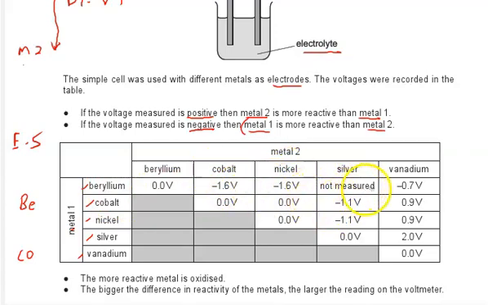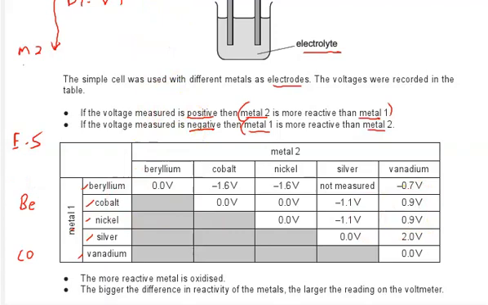Okay, so we look at the positive one. A positive here means metal 2 is more reactive than metal 1. So vanadium should be more reactive than cobalt. So here's vanadium on top with cobalt.